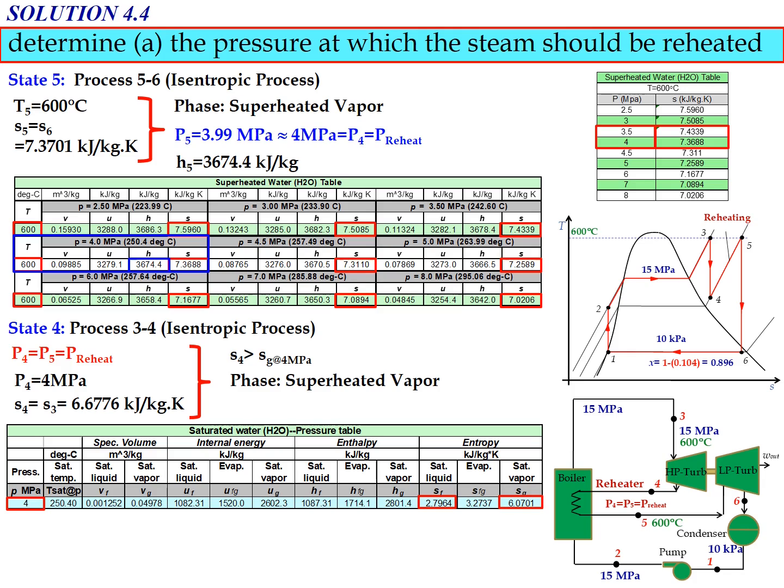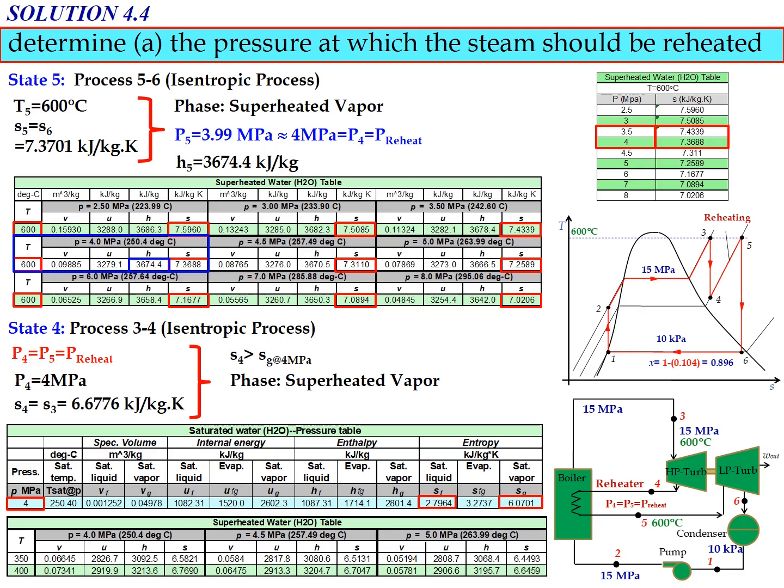Okay, now you need to refer to the superheated vapor table at 4 megapascal, and you need to find the location of the S4 value in the table. S4 equal to 6.6776 kilojoule per kg Kelvin, and the value will be in between 6.5821 and 6.7690.